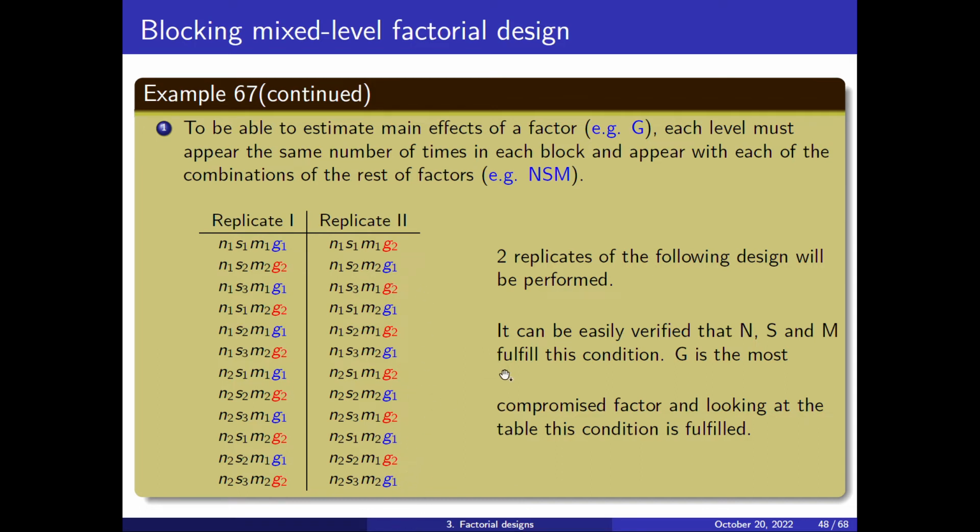So it is fulfilling this condition that each level must appear the same number of times in each one of the blocks. The other condition is that it must appear with each combination of the rest of factors. So let's look at the factors NSM, for instance.